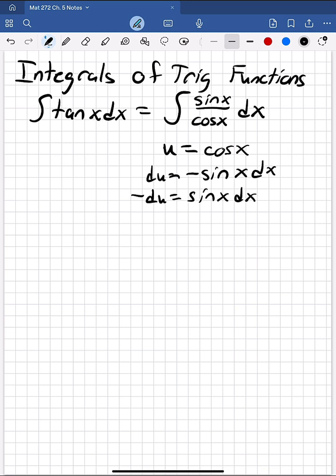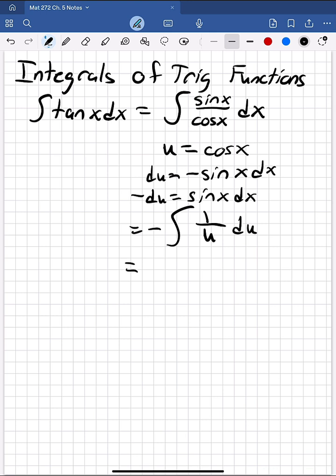Now I can replace my sine x dx with my negative du and say this is the negative 1 over u du. Okay. So I replace sine x dx with negative du, and then I replace cosine of x with u.